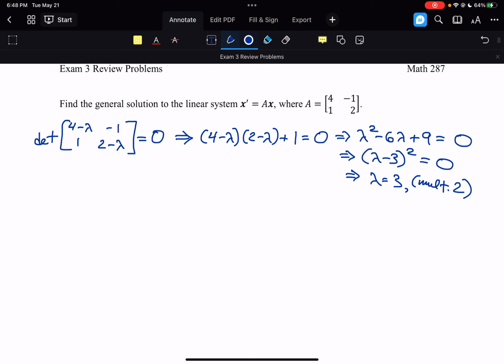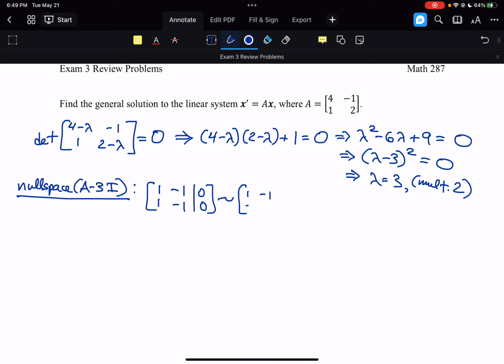So to get the corresponding eigenvector, we look at the null space of A minus 3I. So we subtract 3 off there, we get 1, negative 1, 1, negative 1, augmented with zeros, which, of course, very clearly that second row is going to get eliminated.